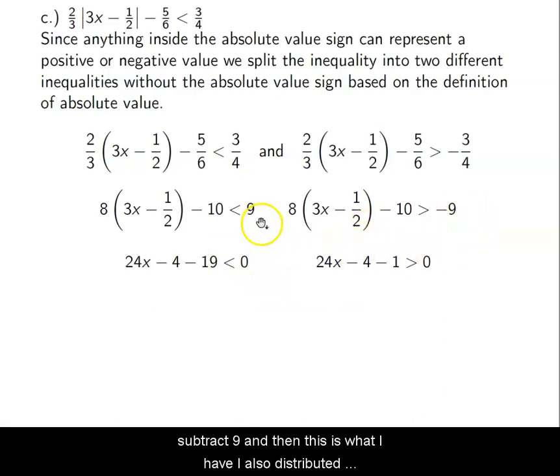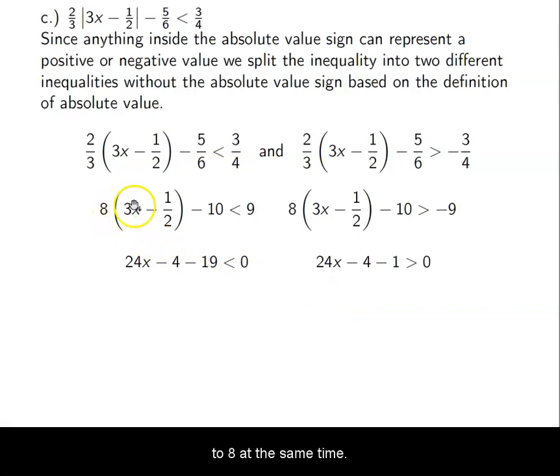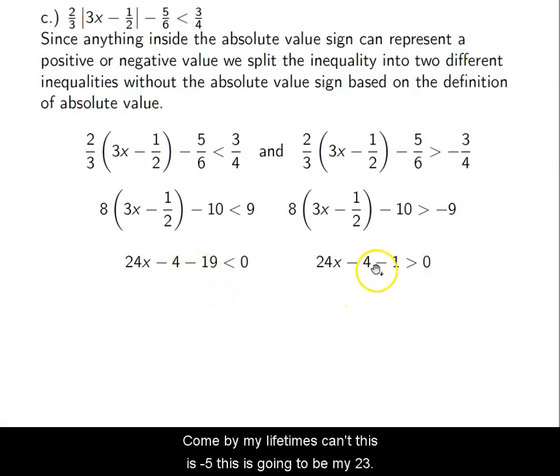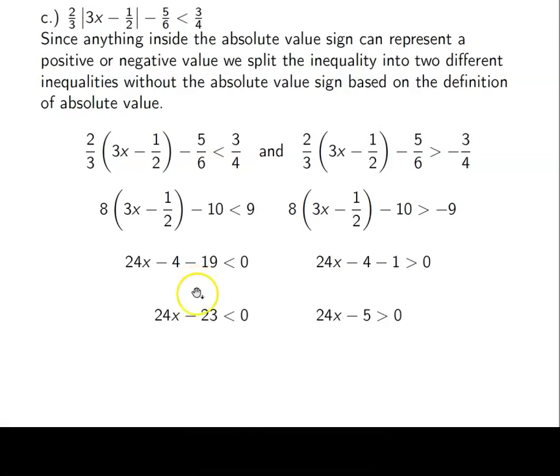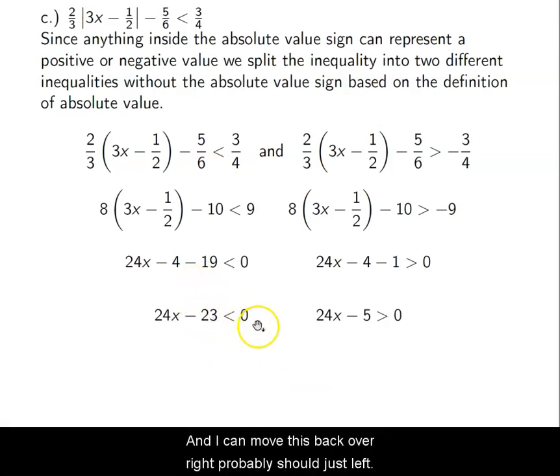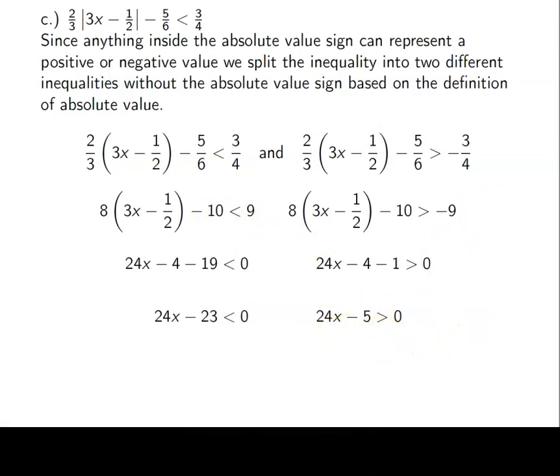So I'm going to add 9, subtract 9, and then this is what I have. I also distributed the 8 at the same time. Multitasking. Combine my like terms, okay? This is minus 5. This is going to be minus 23. And then I can move this back over. I probably should have just left it on the right side in the first place.